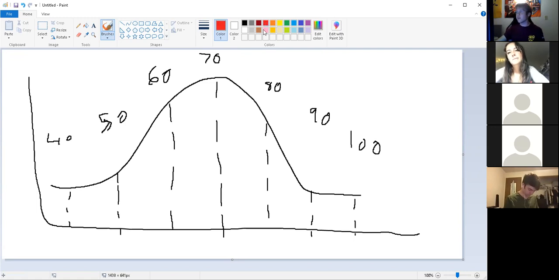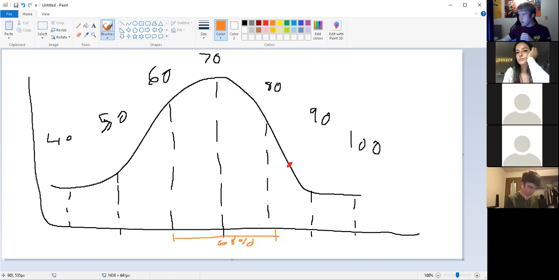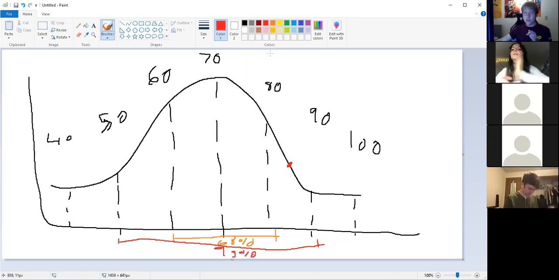So when it says approximate, we had the value of like 85, which would be here. So when it's asking for the approximation, it's based off of this is about 68% of scores, and then this is about 95% of scores. That's the 1, 2, 3 rule, where it's 68, 95, 99.7.